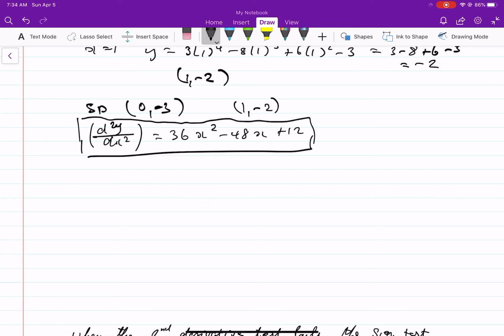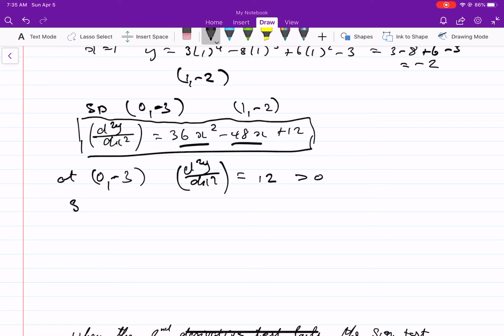So let's look at the first one. At the stationary point 0 and minus 3, if I plug the x coordinate into the second derivative, this is almost by observation. These two terms go to 0, and you're just left with 12 for the second derivative. 12 is a number greater than 0.